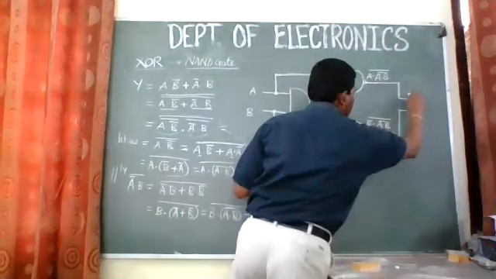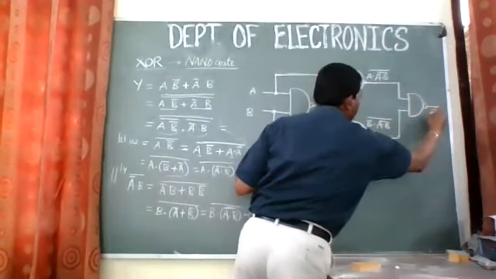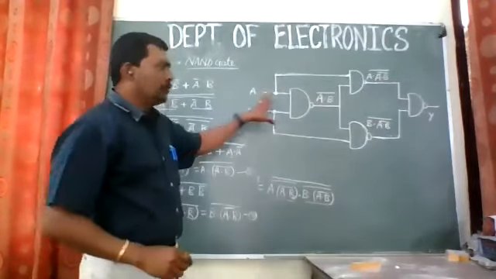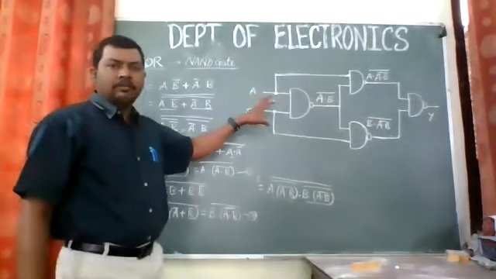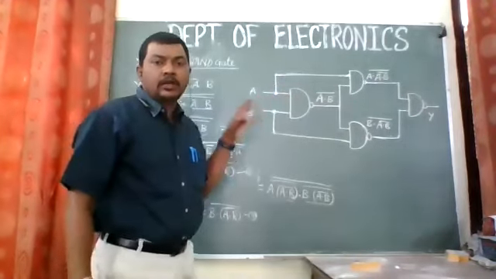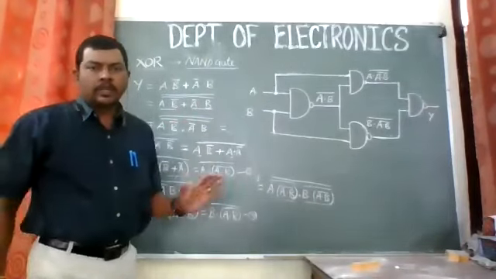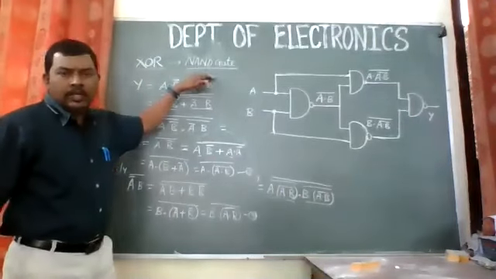I guess it is visible to you. Lastly, I'll have this equation as Y. So this is the simplest equation that we have derived, and we have implemented the circuit of the XOR gate using NAND gates only. So this is the XOR gate using NAND gates.